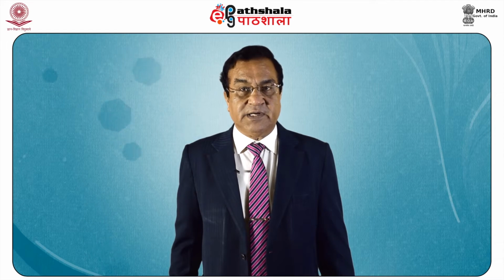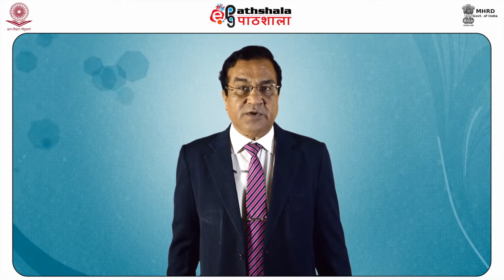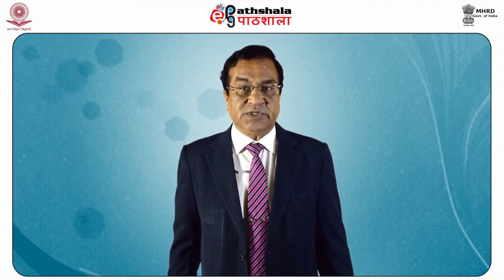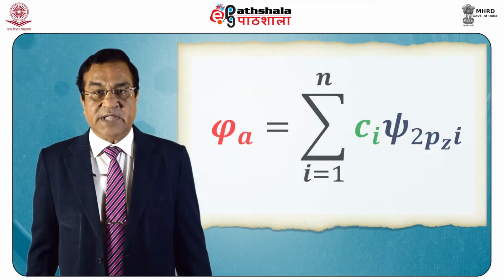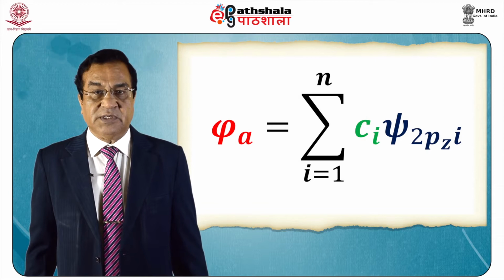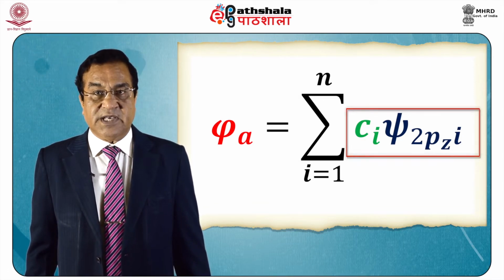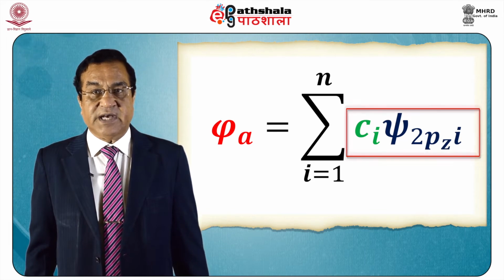We have already learned that in this theory we apply LCAO MO approximation in which molecular orbital is written by the equation. That means phi A is equal to summation i from 1 to n, C i psi 2pz i.